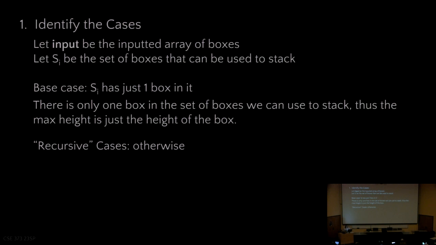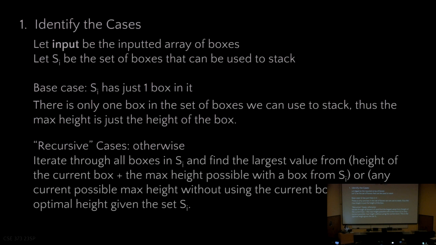And so the way that it changes is we take the max height without this box, and then we try to take this box and stack it on top of any other box inside this set. And if that stack is taller than the current max height, then that overrides it, and that is the new max height.